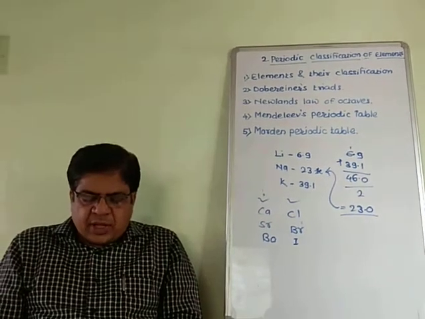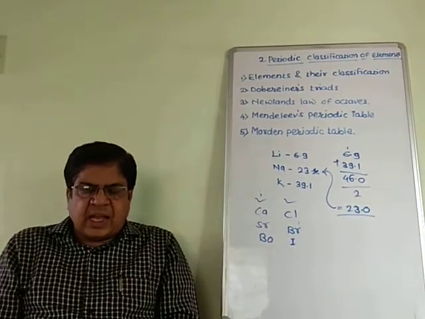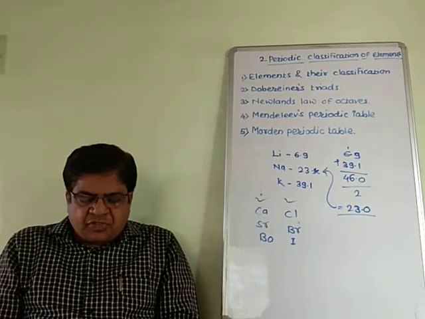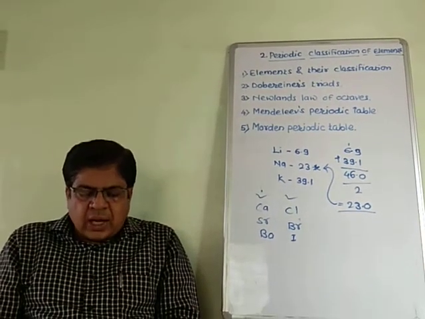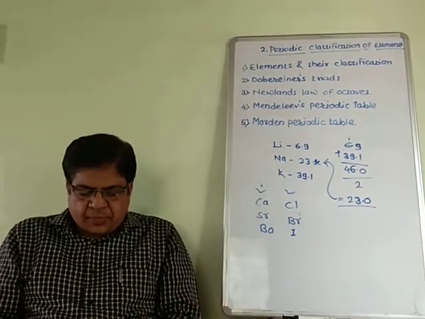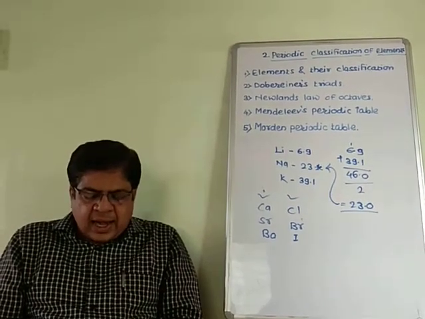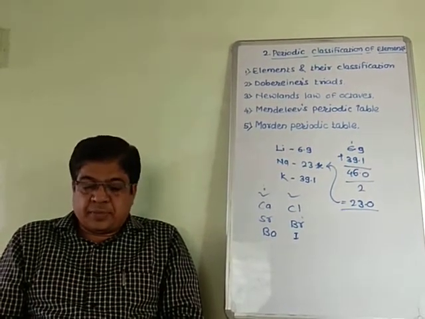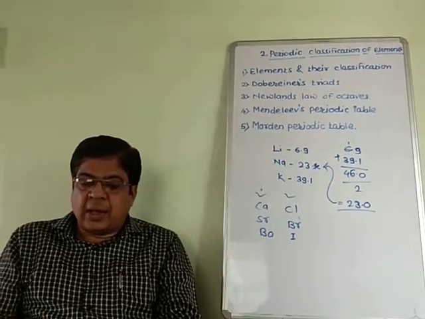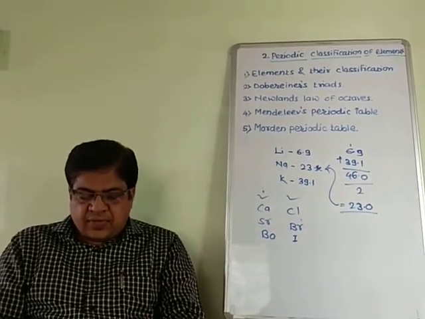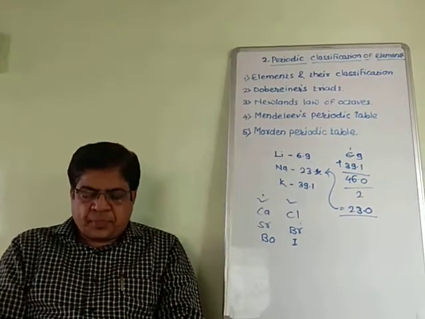Neighboring elements within the period differ slightly in their properties, while distant elements differ widely. Elements in the same group show similarity and gradation in their properties. Let me clear this point again.